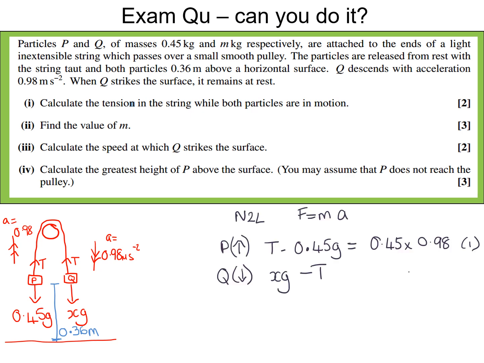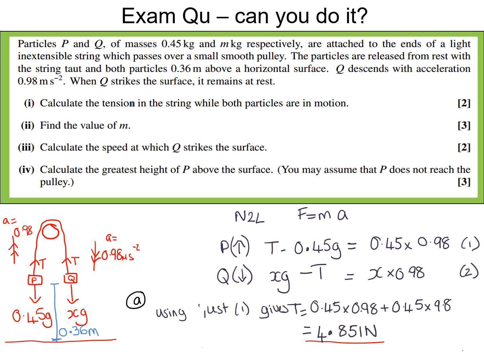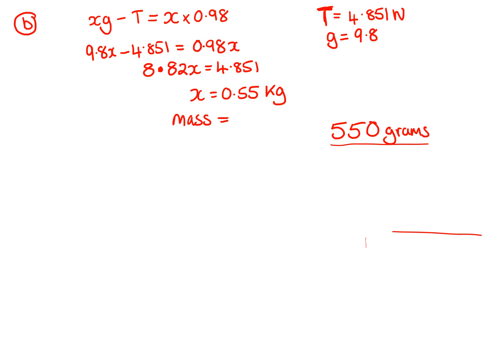Then do your 2 Newton's laws on particles P and Q. And if we just use the first equation for P and get the answer to the tension, now if I sub that in, that might help me find the value of M. I've called it X here, but it's the same thing.